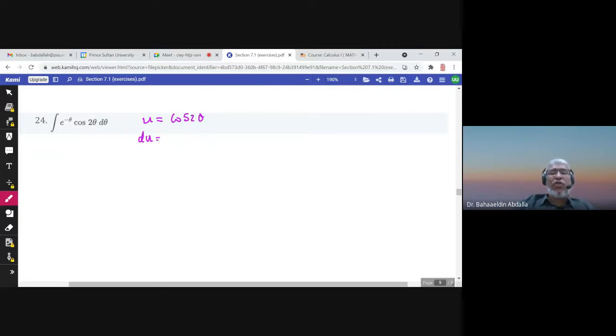So du would be the derivative of cosine, which is negative sine 2 theta times 2, or negative 2 sine 2 theta d theta. And dv would be e to the power negative theta d theta. And the integral of e to the power negative theta is e to the power negative theta over minus 1.